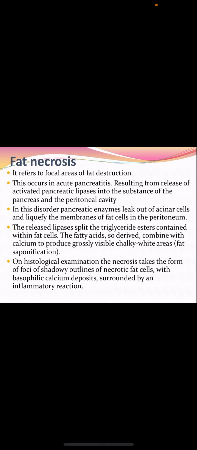What happens in acute pancreatitis is there will be destruction of acinar cells, and because of this there will be release of pancreatic enzymes, which will liquefy the pancreatic membrane and the omentum. These liberated enzymes like lipase will split triglycerides of fat into fatty acids, and these liberated fatty acids will combine with calcium, and this process is known as saponification. On gross appearance, it will appear as chalky white deposits.